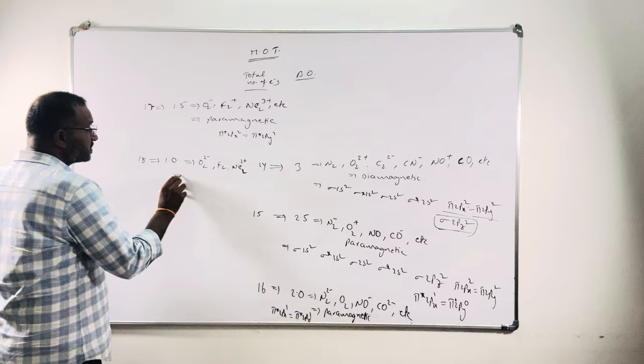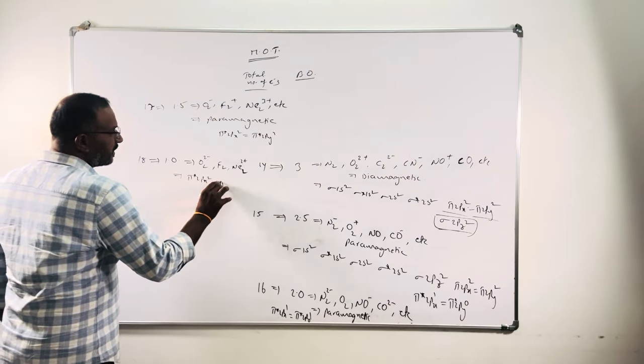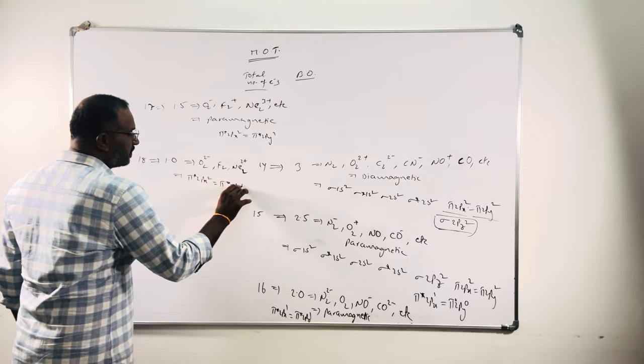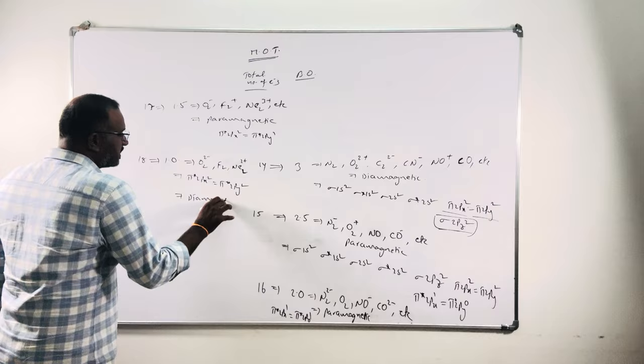In this case, the last configuration is pi star 2px2, pi star 2py2, so it is diamagnetic. 18 electrons, diamagnetic.